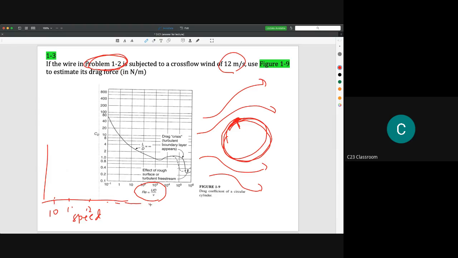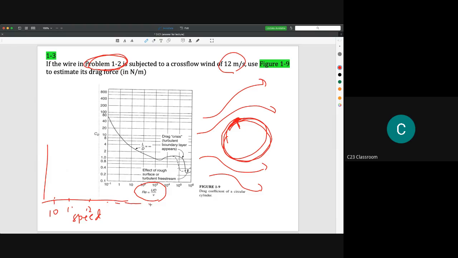As I said previously, we always calculate the Reynolds number because it is a normalized parameter. So it's quite useful for other researchers, and it's easier for you later on to compare your result with other results.